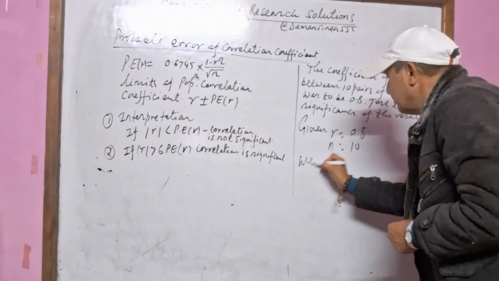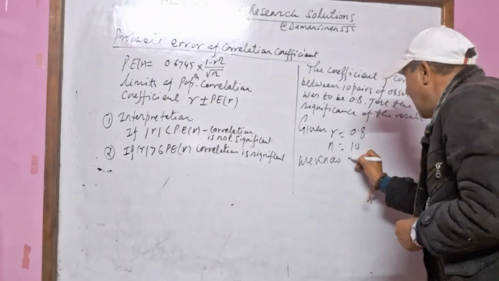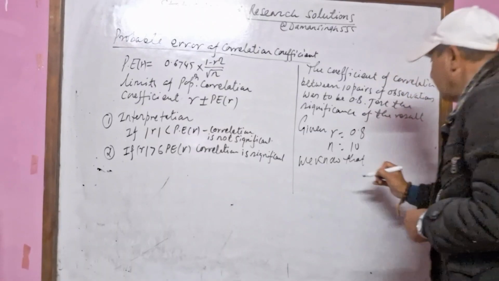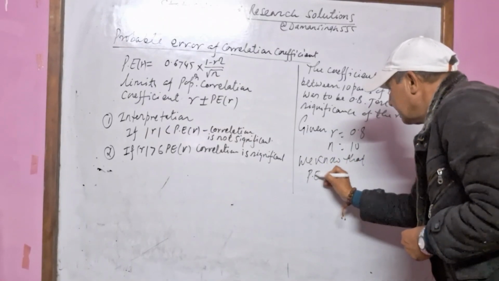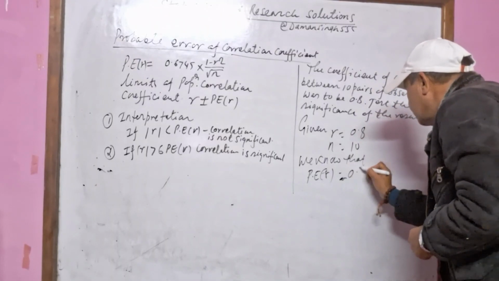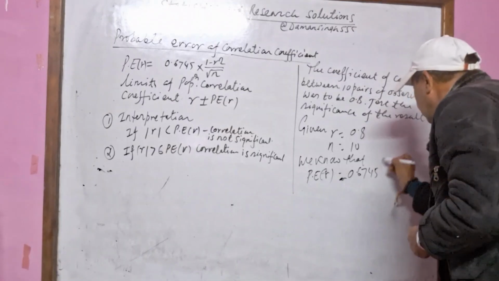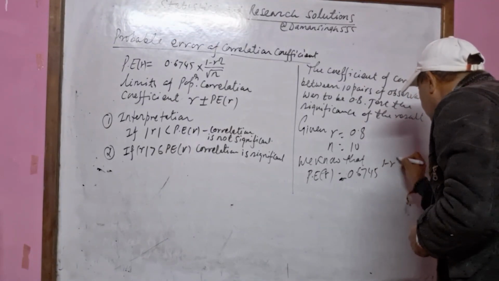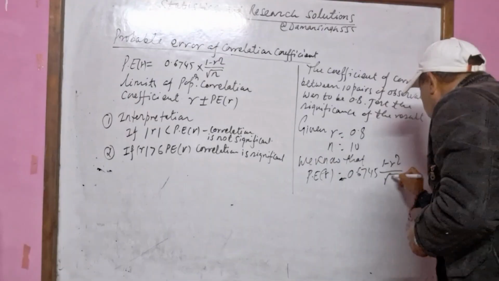Now we know that you write PE of R is equal to 0.6745 times 1 minus R square upon under root n.